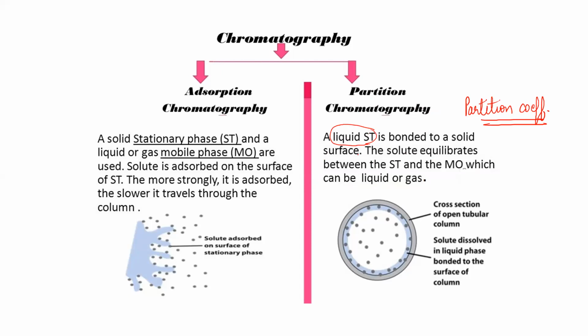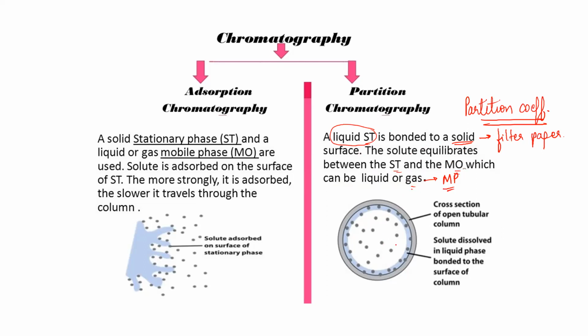Now water is bonded to a solid surface, and this solid surface is your filter paper. And your mobile phase is also liquid. Now your stationary phase is also liquid, so hence it is also called liquid chromatography. The same can happen with gas, where gas becomes your mobile phase. And the stationary phase is always going to be solid there, which is a paper.